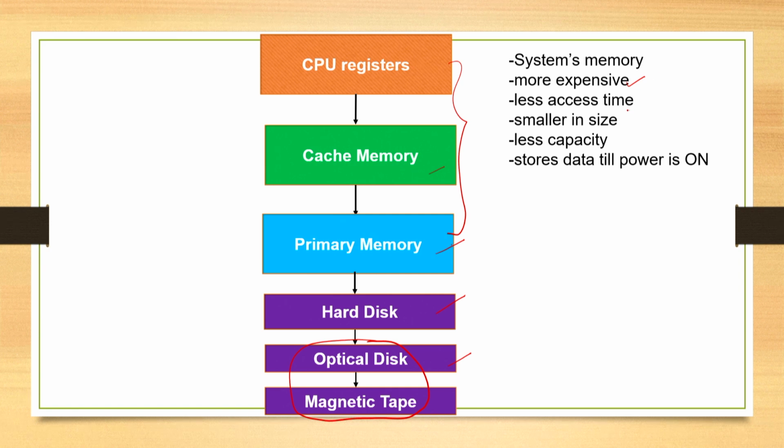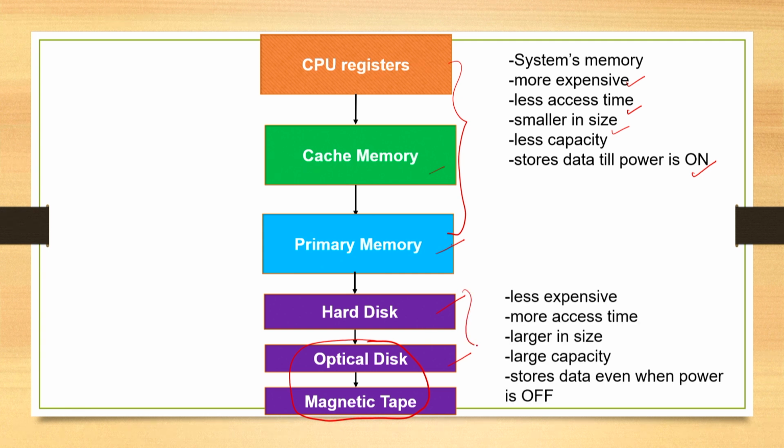They have less access time and are smaller in size, and because of that their capacity is less, and they are used for temporary storage. It means once the power goes, the data will be gone.